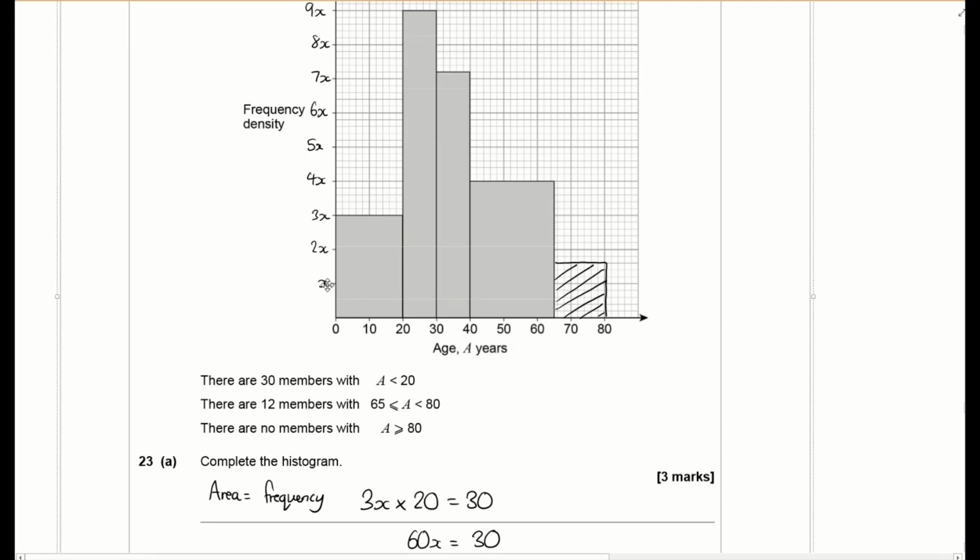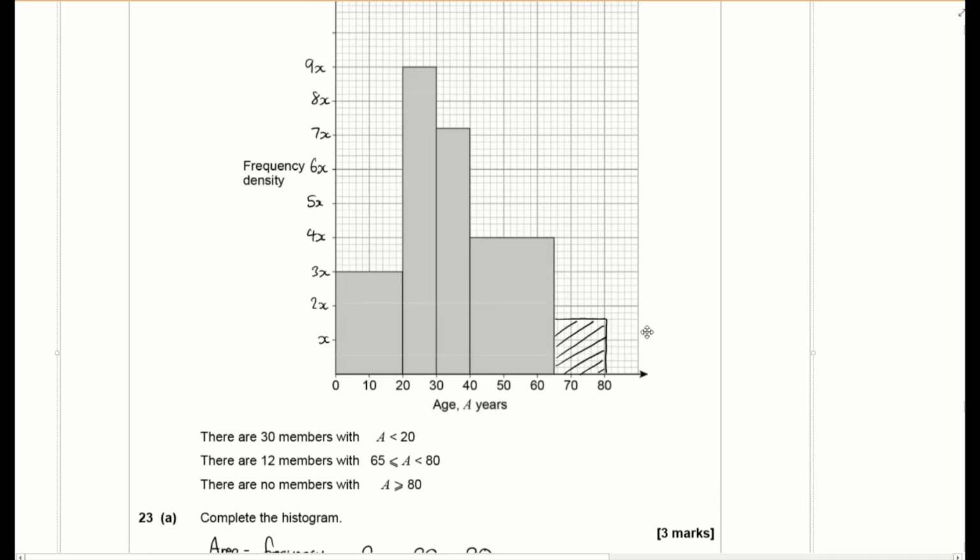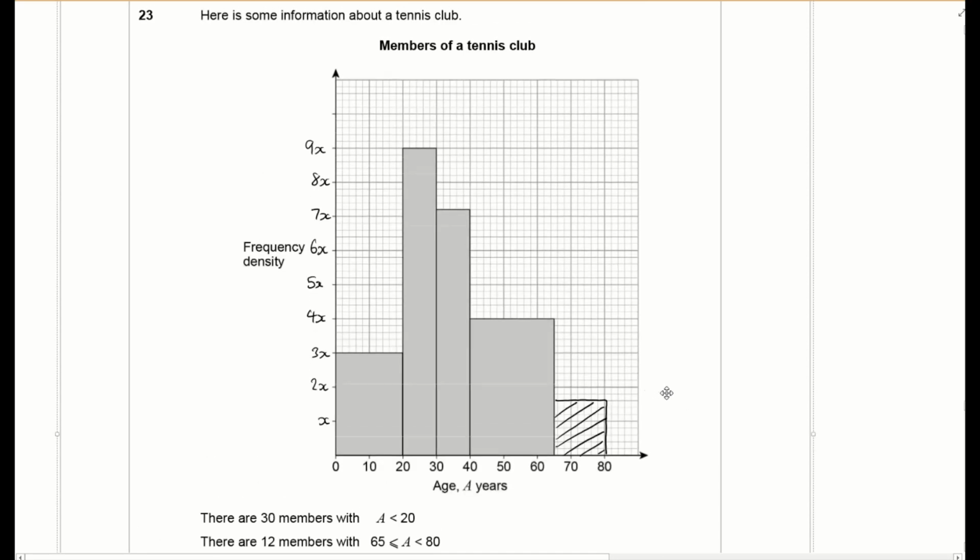Now remember, if this is 0.5, it means that the micro squares, if you like, are actually going up in 0.1s. So 0.8 will actually fall at this height here, and you can complete the final rectangle shown in the histogram. The last thing to do is then actually correctly label the vertical frequency density axis.